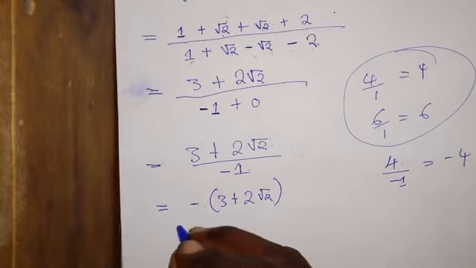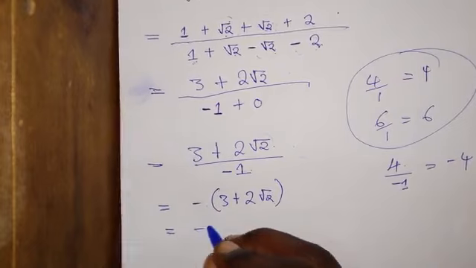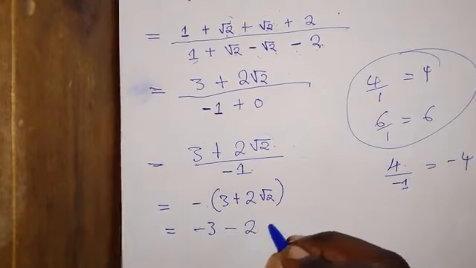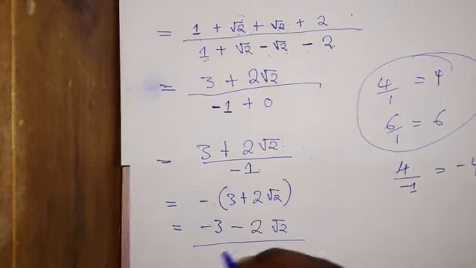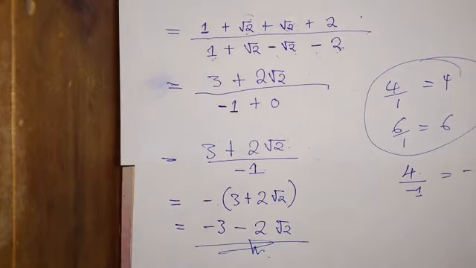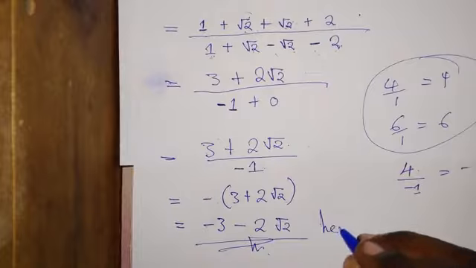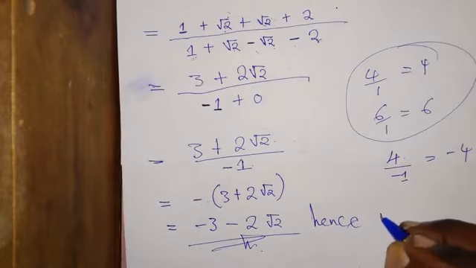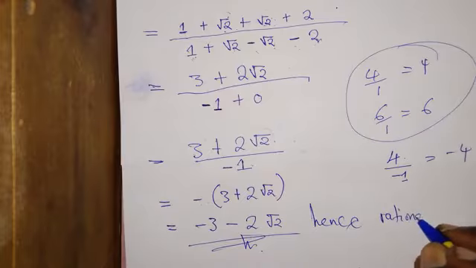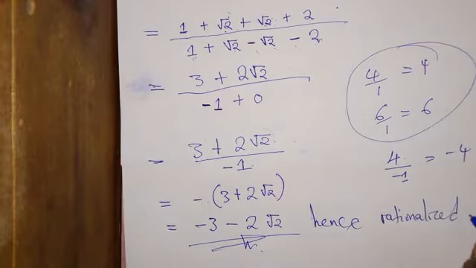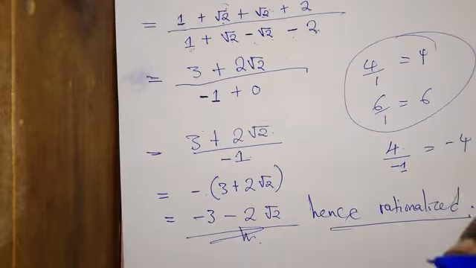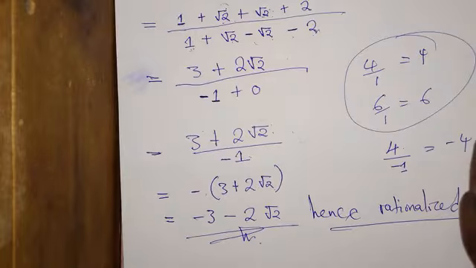Therefore, you can bring the negative inside. This will be negative 3 minus 2 root 2 to be our final answer. Hence, rationalized. So, what was our aim here? Our aim is to make sure that the radical which was in the denominator should be eliminated.